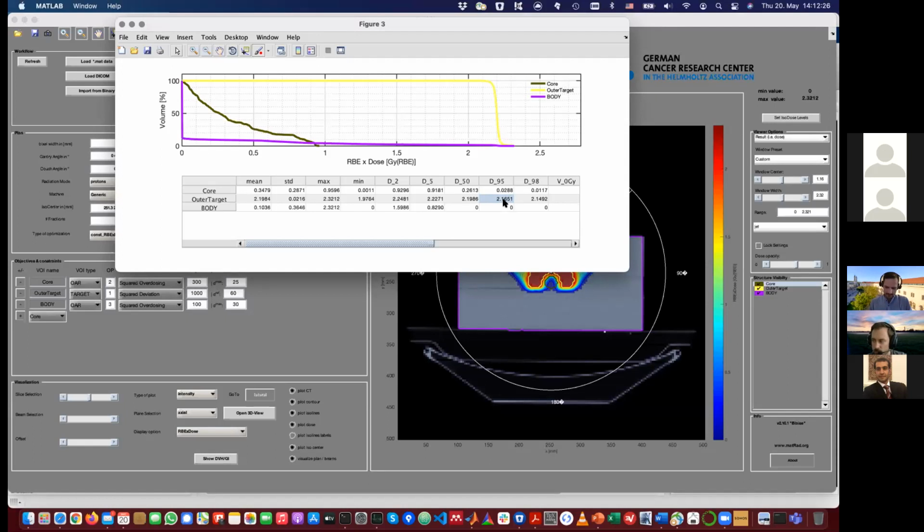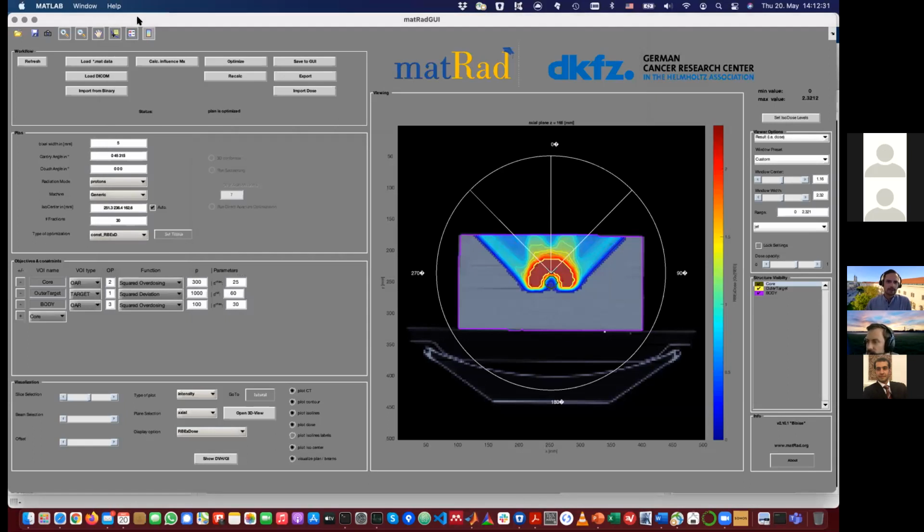So this is higher, right? So this means simply that what we did right now, we did a physical dose optimization for 2 gray, and then we scaled up the dose, assuming a constant RBE of 1.1. So just to highlight this very simple phenomenon for the RBE for protons.